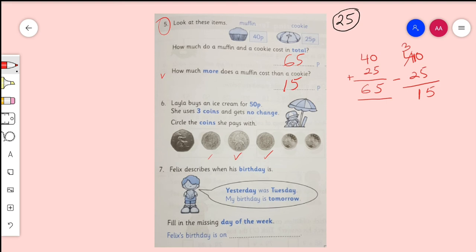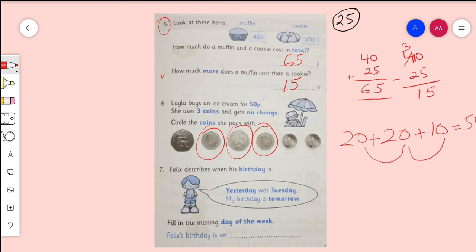So these are the coins she used to buy the ice cream. When we add ones with ones, it's 0, and then tens with tens: 2 plus 2 is 4, plus 1 is 5. So the answer is 50.